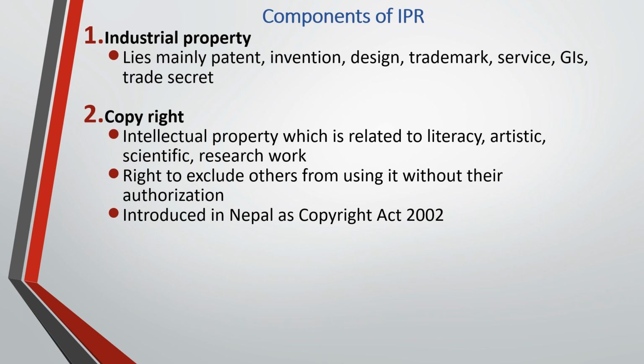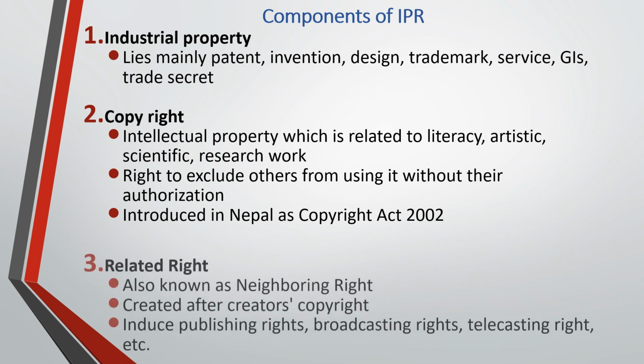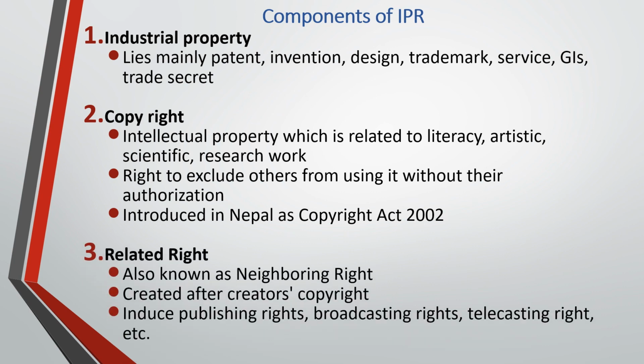It is the right to exclude others from using it without their authorization. It was introduced in Nepal as the Copyright Act 2002. Related right is also known as neighboring right, which is created after the creator's copyright. It includes publishing rights, broadcasting rights, telecasting rights, etc.